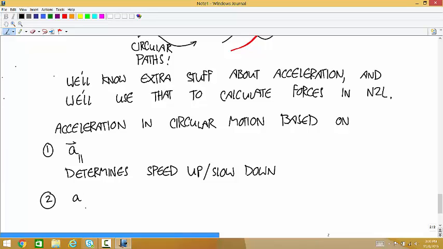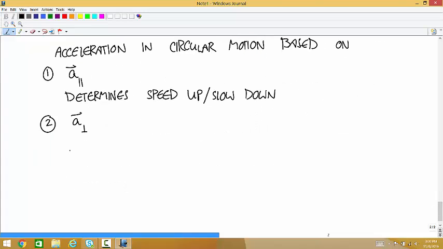And the acceleration that's perpendicular to the velocity determines the turning. And with circular motion, there needs to be the perfect amount of turning in order for this shape to stay exactly circular. So when I say turning, I'll say maintaining a circular path.